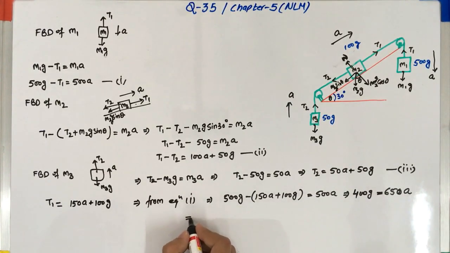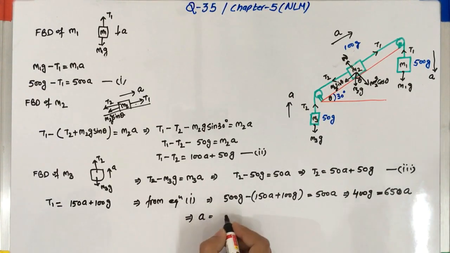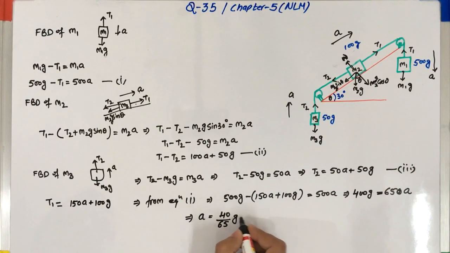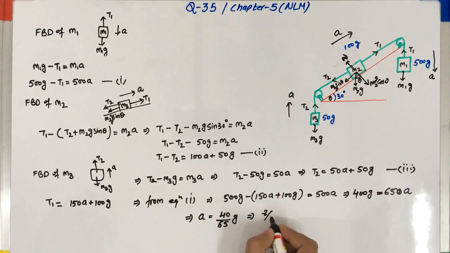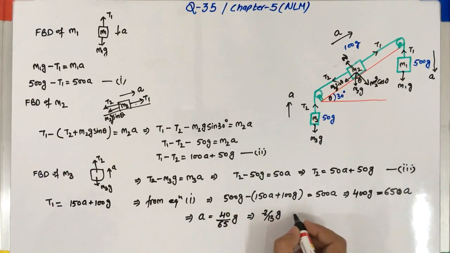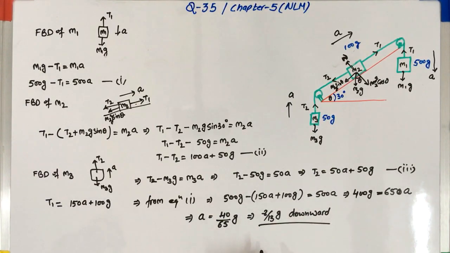So the value of A becomes 40 upon 65G, which is equivalent to 8 by 13G downward. So this is the solution of this problem.